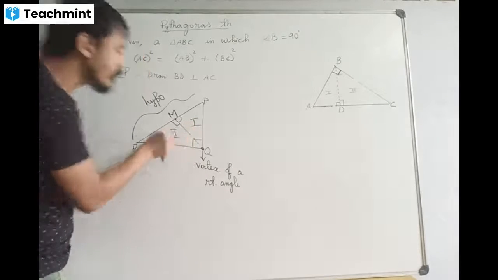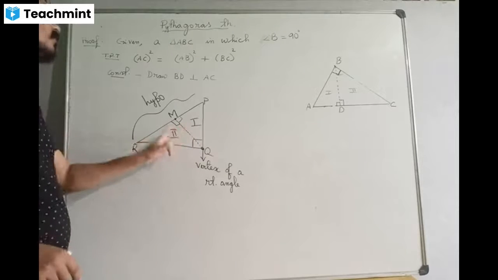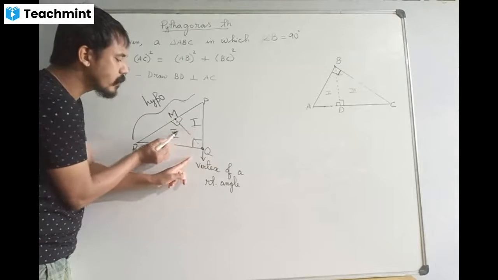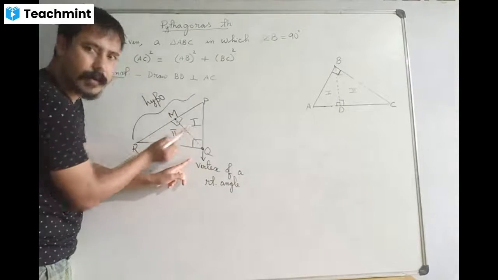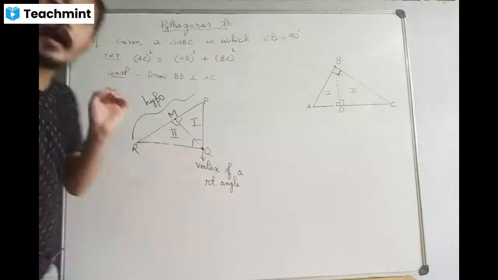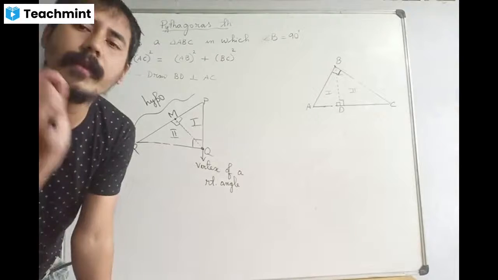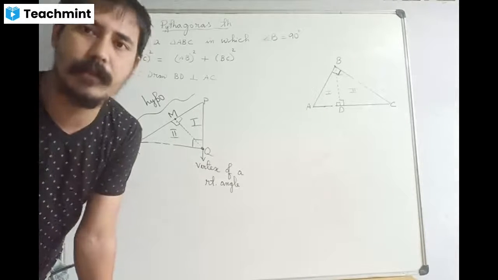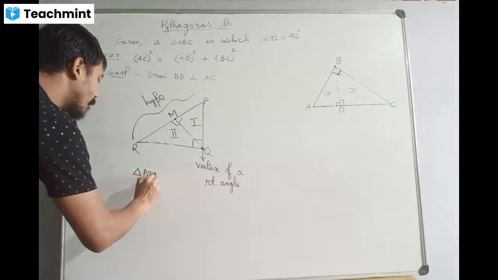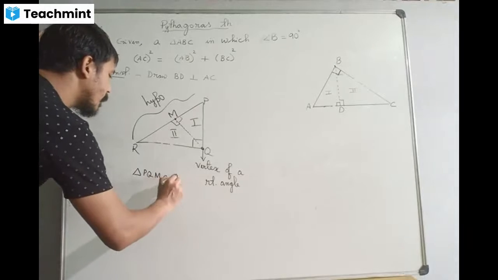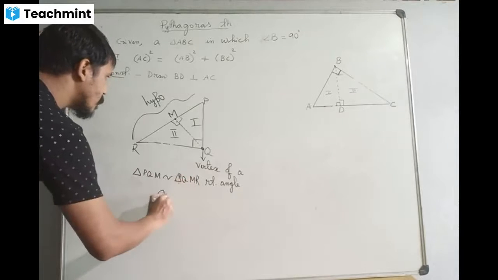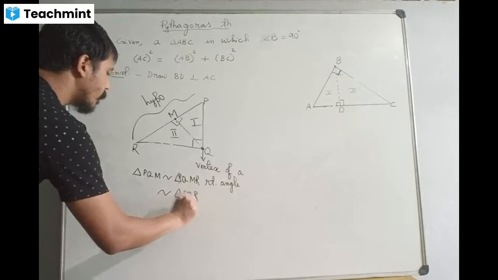The triangles obtained on both sides of the perpendicular are similar to each other and to the whole triangle. Are you following that? That means triangle PQM is similar to triangle QMR, and it is also similar to triangle PQR.